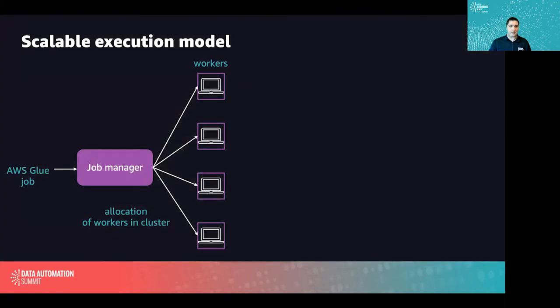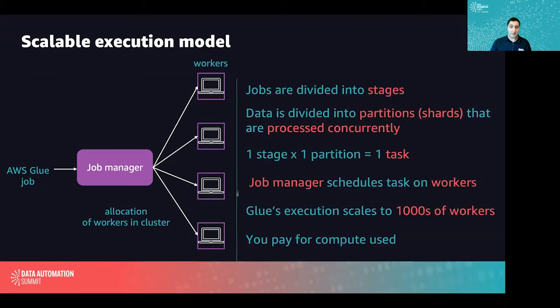How did we do all this? So let's talk about the scalable execution model, because it's nice that we have a good managed working Spark, but the execution model is really what matters here as we're talking about Ascend, because Glue typically takes a job and submits it to a job manager. Now, just like anything else in Spark, that job manager has to submit work to workers in a cluster. And so in Spark, of course, jobs are divided into stages or pieces of work, and data is divided into partitions.